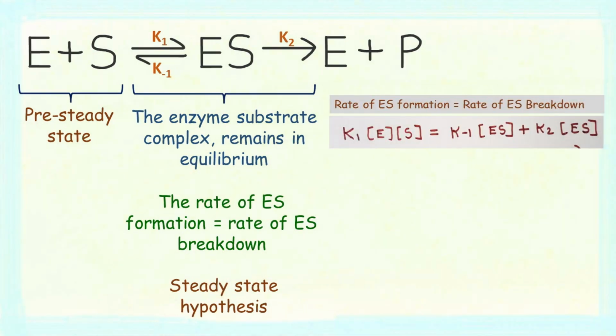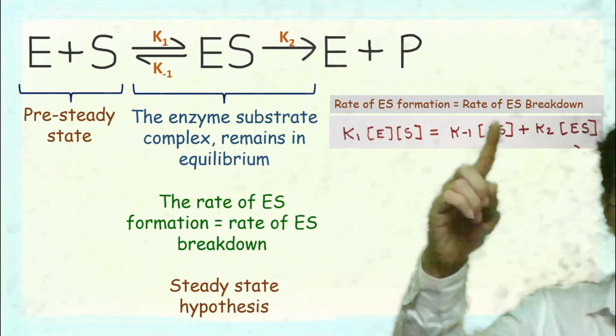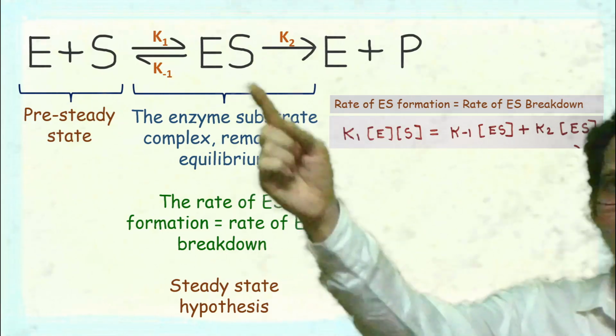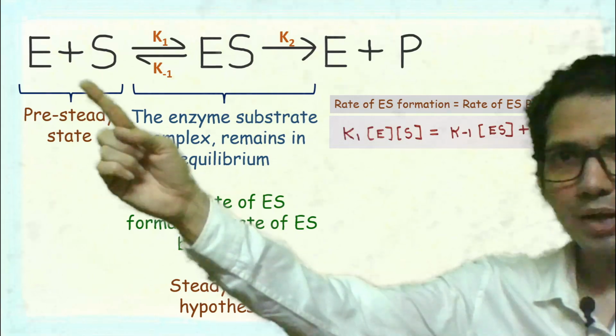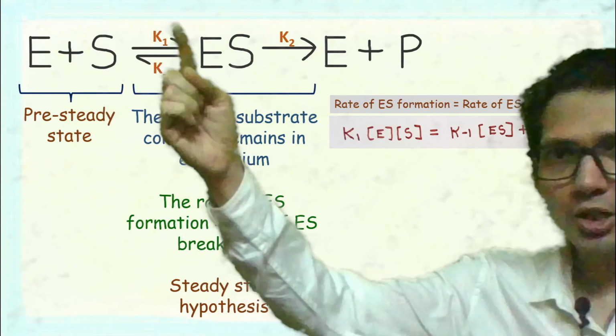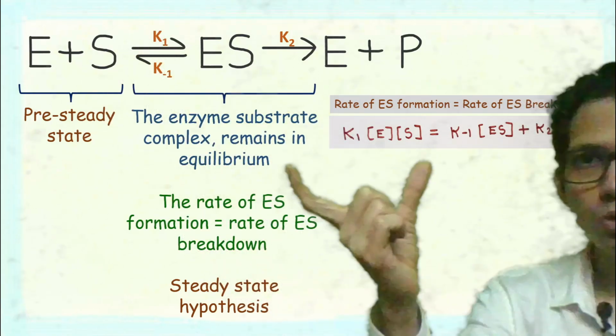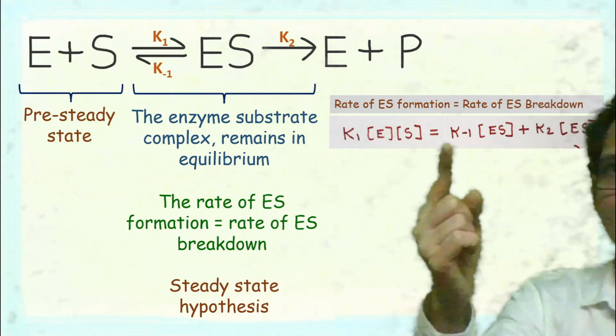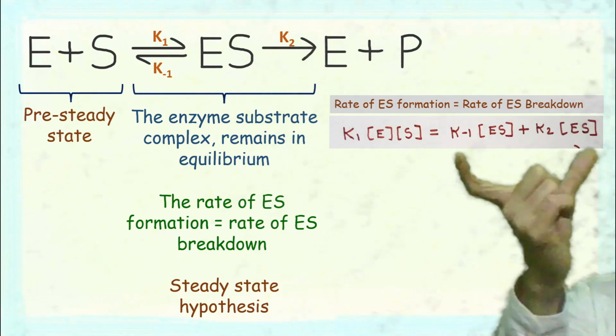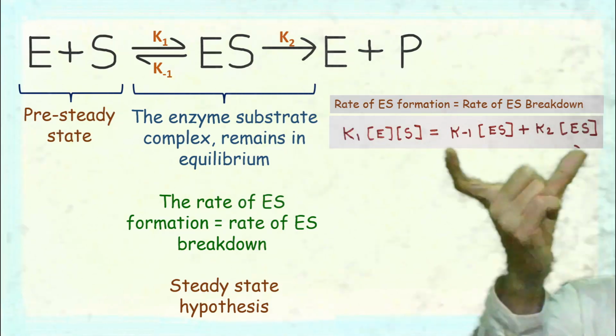Now, the steady state hypothesis is very important. When we say rate of ES formation is equal to rate of ES breakdown, then in this reaction, ES is formed by the reaction between enzyme and substrate, and the rate constant over here is K1. So we write K1 into E into S is equal to the rate of ES breakdown.